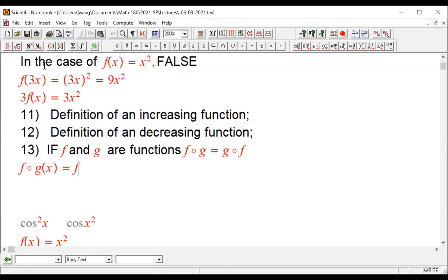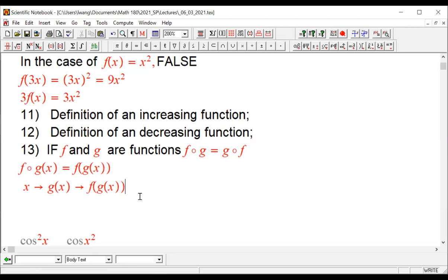So this will be f of g of x. And how does the flow go? The flow goes g of x, and then f of g of x.